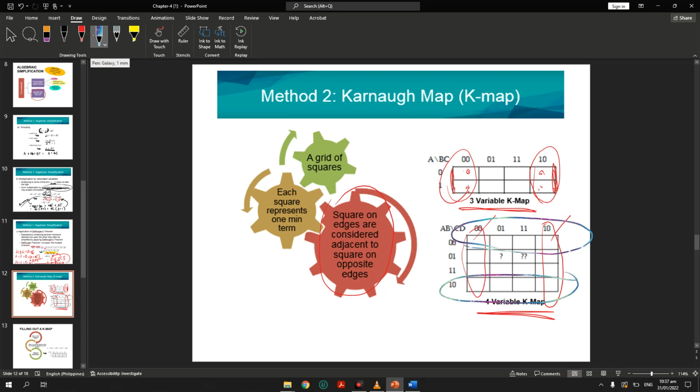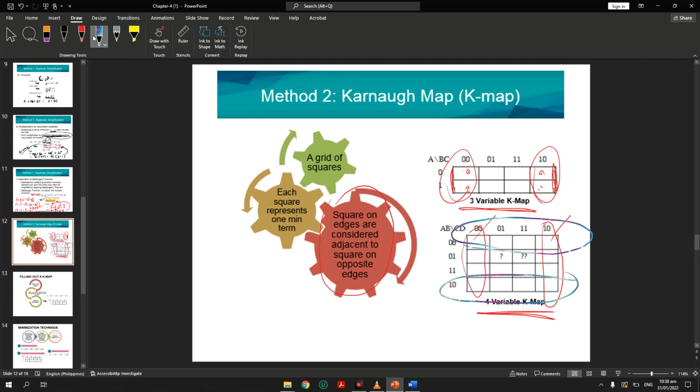The left and the right are also adjacent. If you fold the map into a cylinder, the two sides that are adjacent to each other are the squares on the edges of our K map.